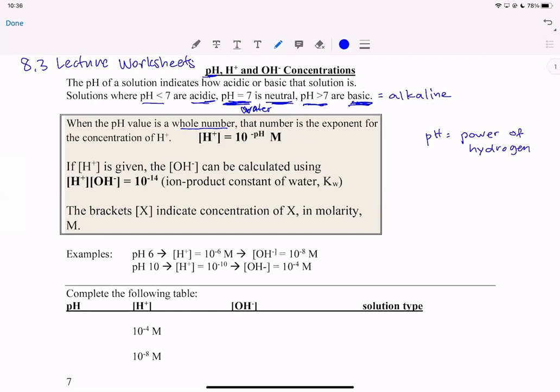And it's a power of 10 that is equal to the concentration of hydrogen ions. So 10 to the minus x, that's a negative exponent, is the concentration of hydrogen ions.